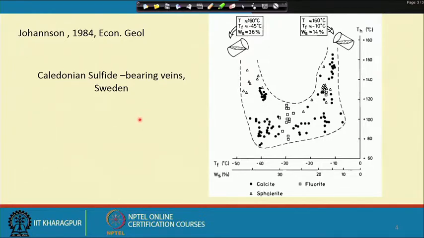In situations corresponding to a first boiling or a second boiling in a granitic magma, the fluids which get separated from the crystallizing melt take most of the volatiles and light elements, and most of the species are partitioned into them in addition to the base metals as well.